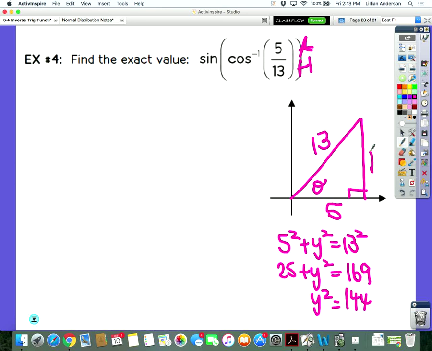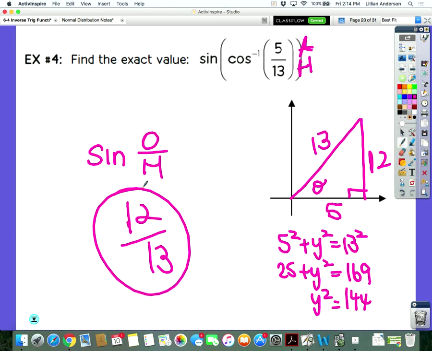So this 12 represents my opposite side, and sine is opposite over hypotenuse. So what's the sine of this triangle? 12/13, and that's your answer. So using a little bit of the old trick stuff that we used to do, now to this new stuff.